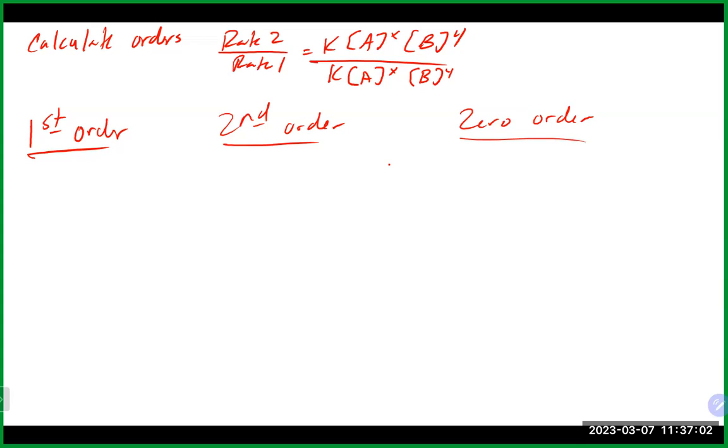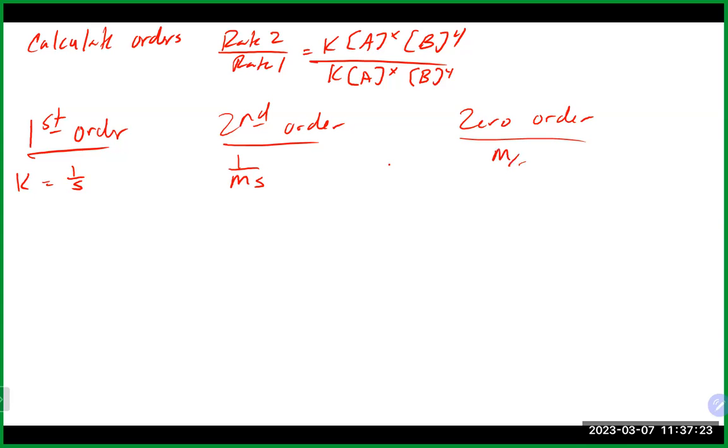The k units for first order is typically reciprocal seconds, or 1 over some unit of time. For second order, it is 1 over molar seconds, or again, any unit of time. For zero order, it is molarity over seconds.